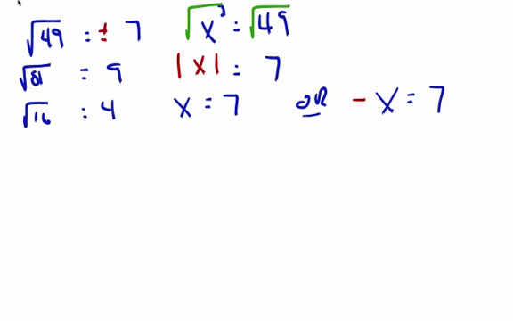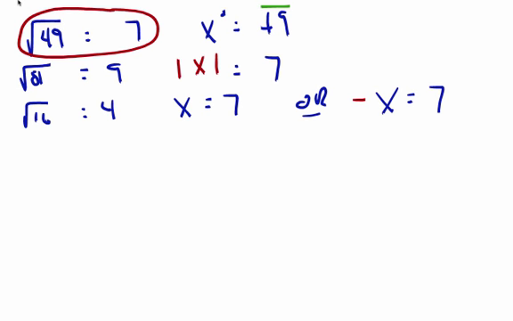So when we are just asking what is the square root of 49, well, that just equals 7. But if you're asked to solve the equation x squared equals 49, then that's where this positive or negative gets introduced.